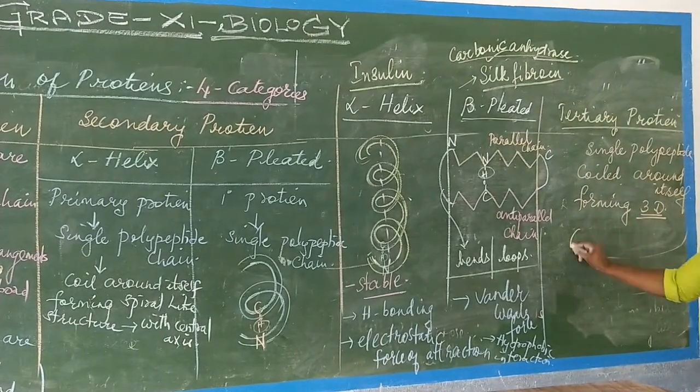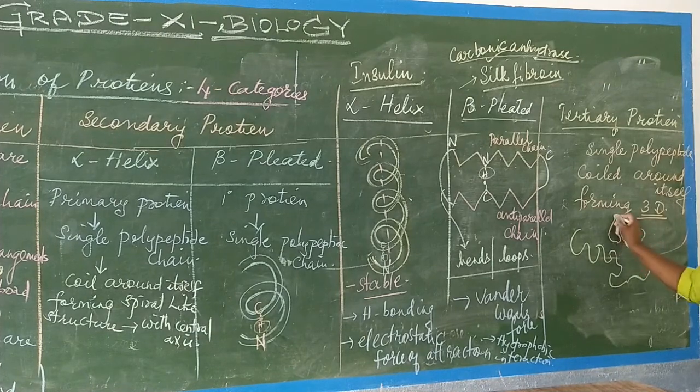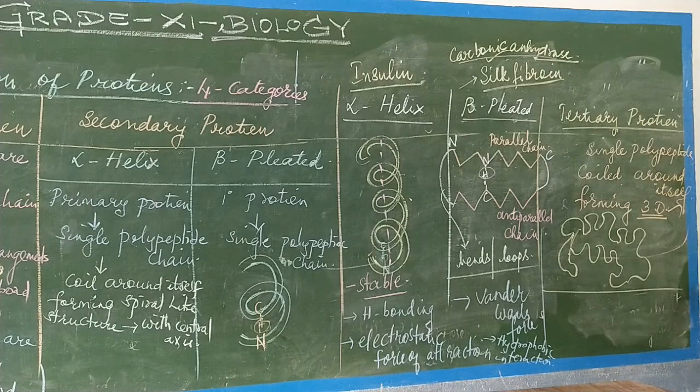For example, so this is called as what? Tertiary protein. So a polypeptide chain, when it coils and gives a 3D structure, we are calling it as tertiary protein.